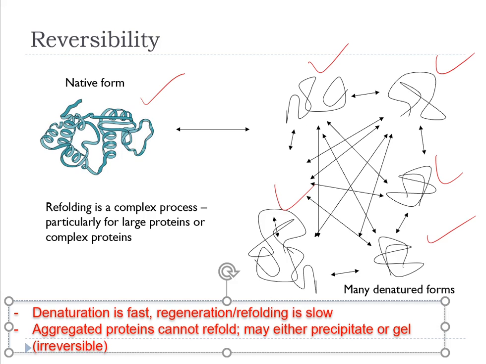Okay, so protein denaturation can be reversible or irreversible, depending on the denaturing conditions, the amino acid sequence, the structure. Okay, let's continue.